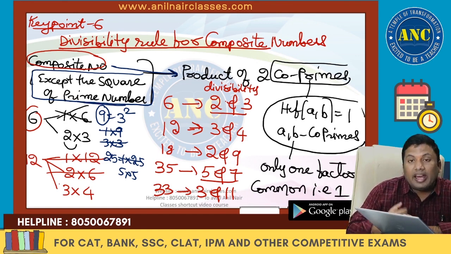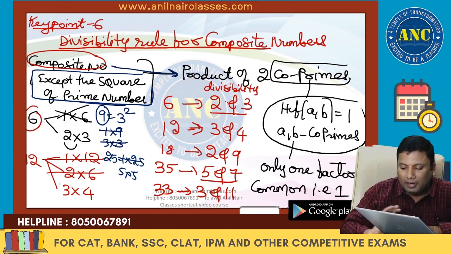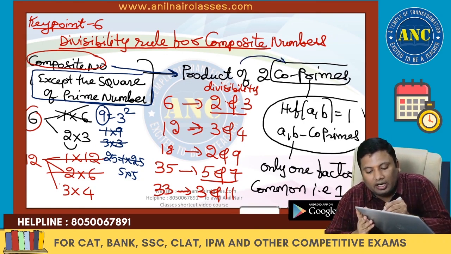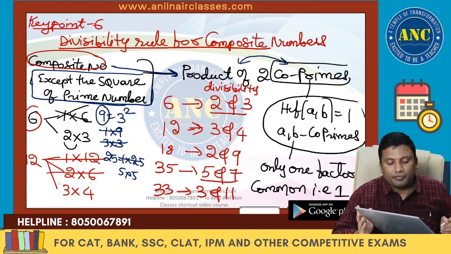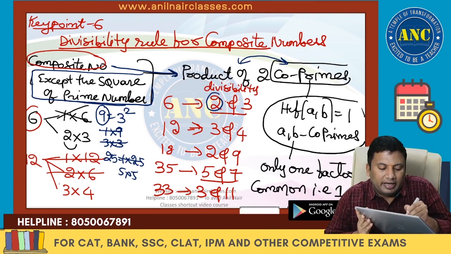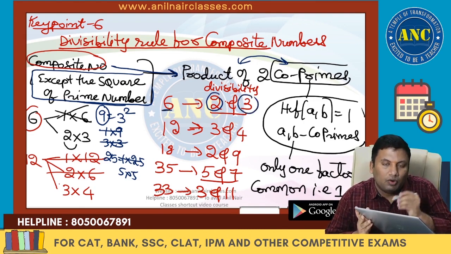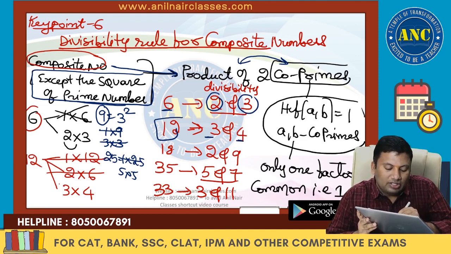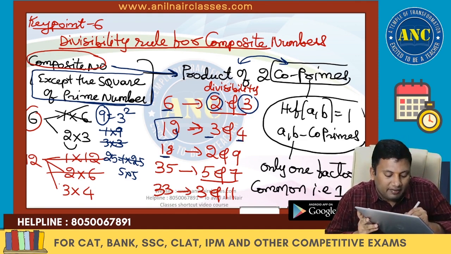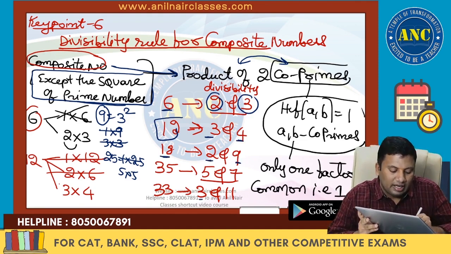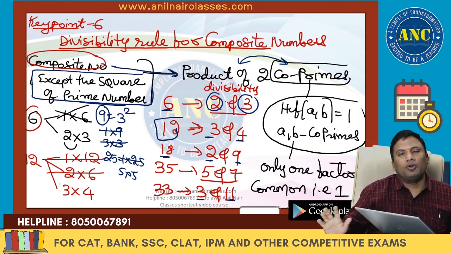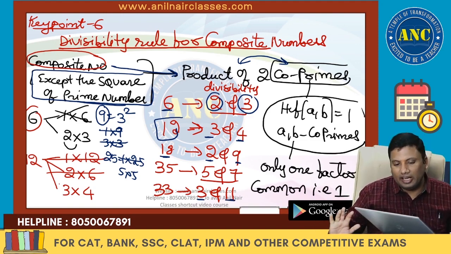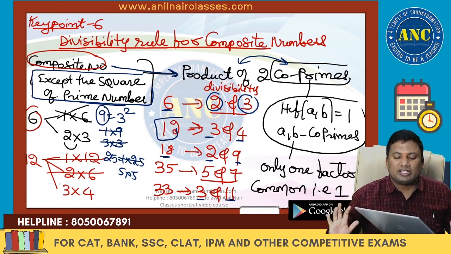For a composite number except the square of a prime number, write it down as a product of two coprimes and then check independently. 6 divisibility rule is 2 and 3. 12 is 3 and 4. 18 is 2 and 9. 33 is 3 and 11. Key point number 6, I hope it is clear.